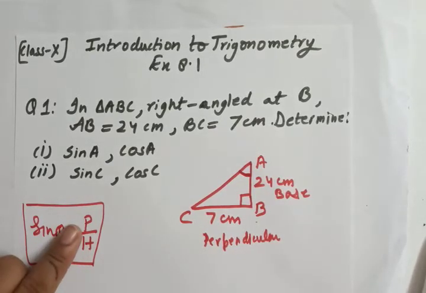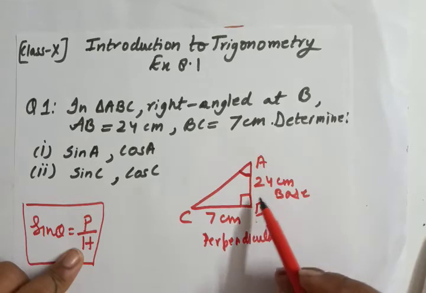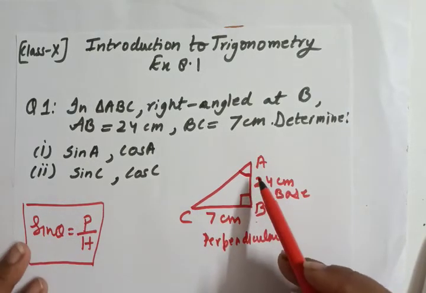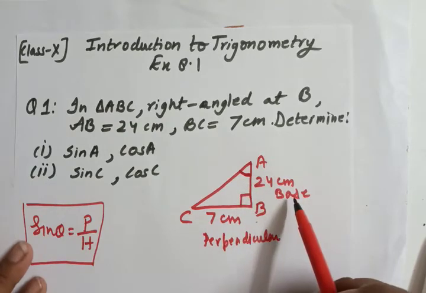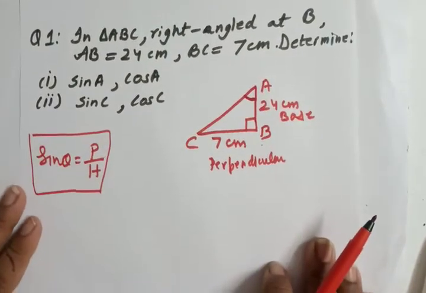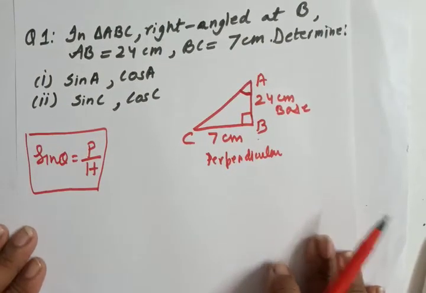Now it is quite clear there will be a relation between perpendicular and hypotenuse. As we check here, according to the acute angle A, the base is here and the perpendicular is here, but the hypotenuse we need to find out, and we can easily find it as we know the Pythagoras theorem.